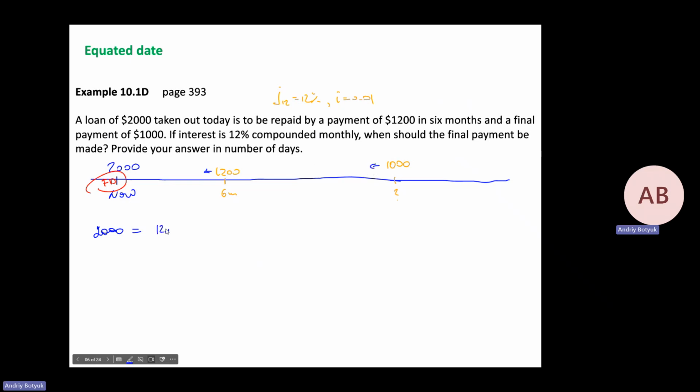So 1,200 times 1.01 with exponent minus 6, for 6 months, plus $1,000 times 1.01 with exponent I don't know, so I leave it as minus n.